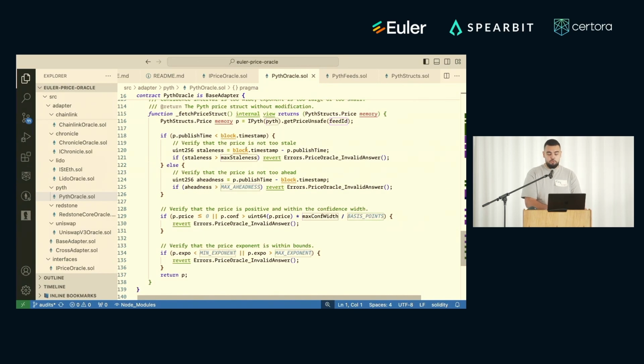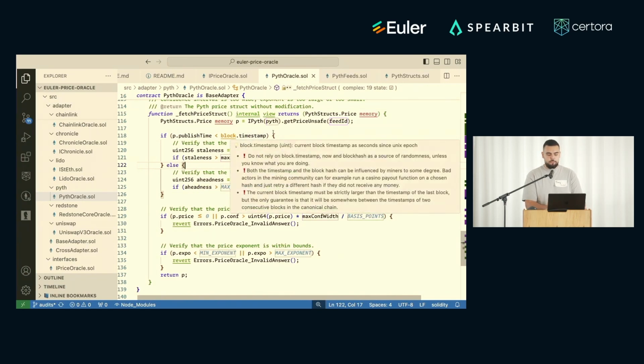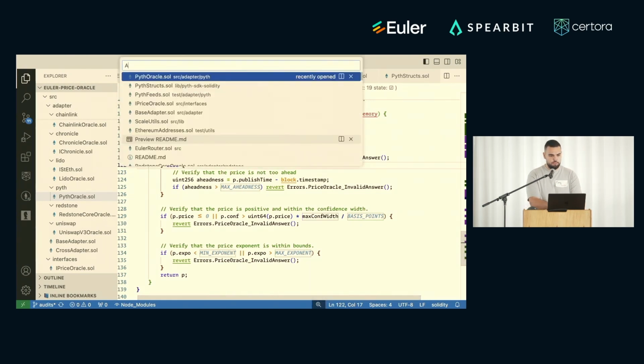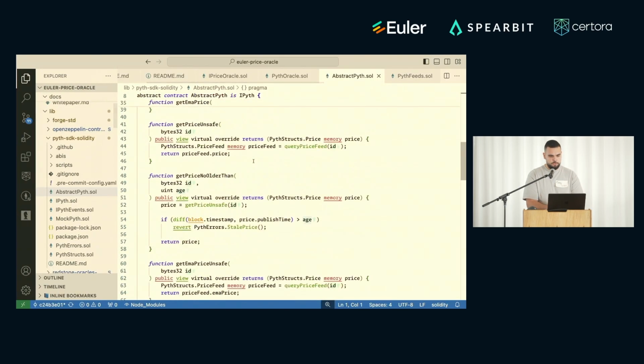However, I do want to note that we actually do a stricter check for the timestamp than the Pyth SDK, because the Pyth SDK enforces a symmetric window around the block timestamp for the inclusion. So if you actually ask it to, wait, I'll show you.